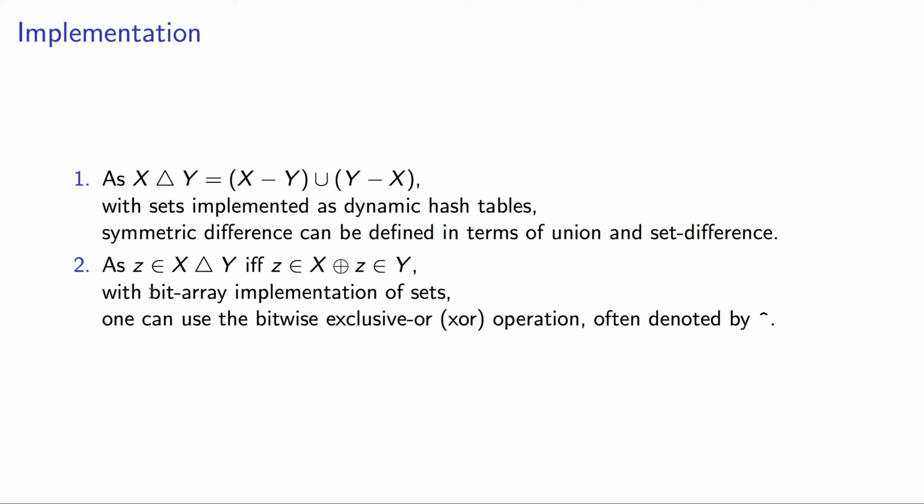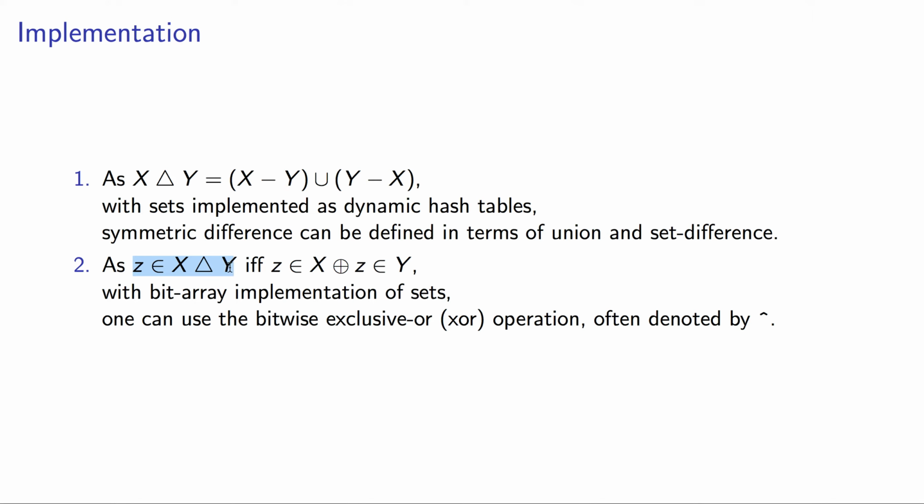Also, for bit array implementations, please notice that the programming language often provides a bitwise exclusive OR operation denoted by this symbol, and this can be used as an implementation of the symmetric difference.